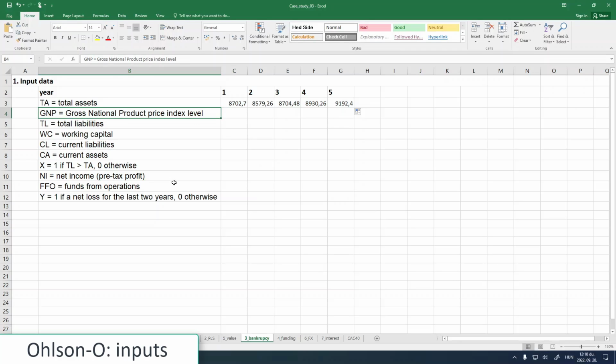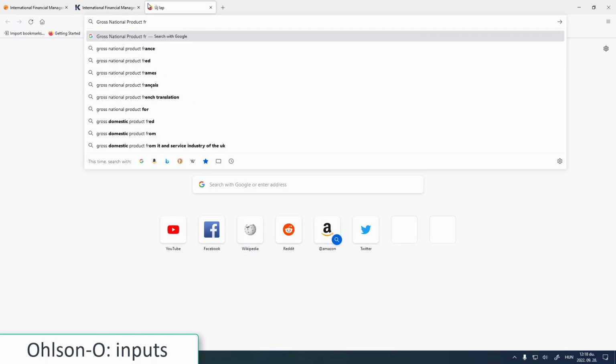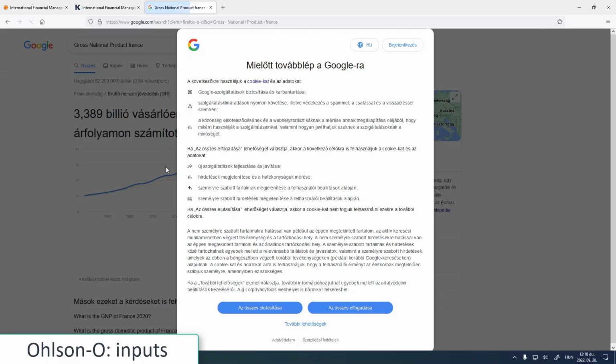Then I think this is the hardest thing, because we have to look for the gross national product of France. So Google is our friend. Hopefully we got something.